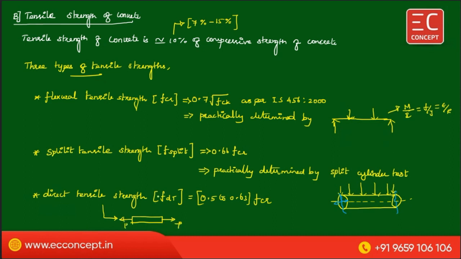Now see, the values are very important. Note this important point: FCK is always greater than FCR, always greater than F split, which is always greater than F direct tensile strength.